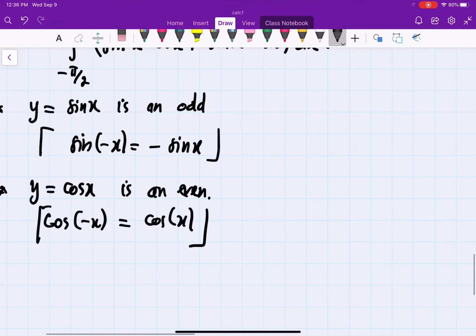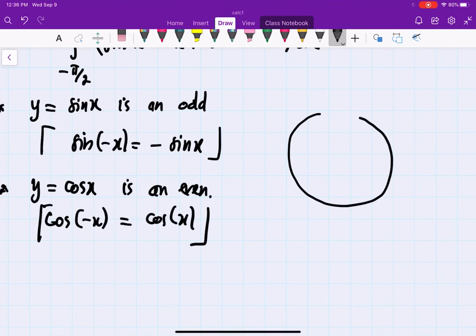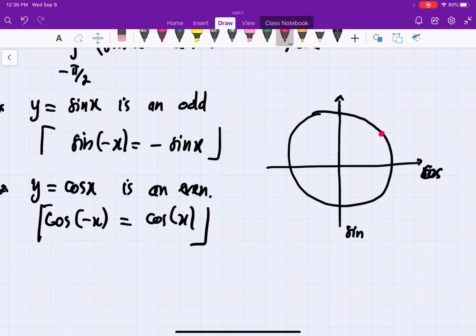You can see all this on the unit circle. Right? This is your unit circle. This is the cosine axis and this is the sine axis. So suppose that you have an x in here. That is your x. So what is negative x? Negative x is right here in the negative direction.